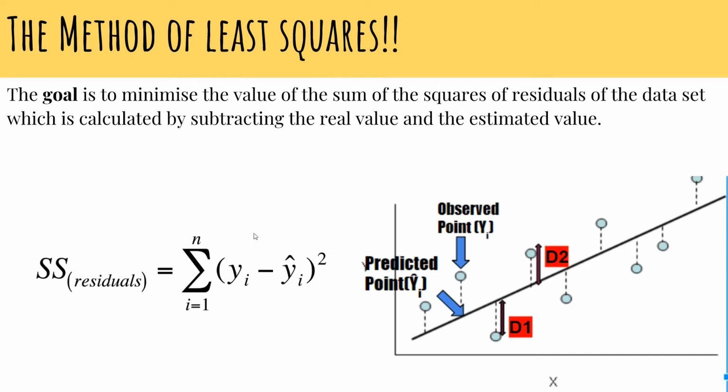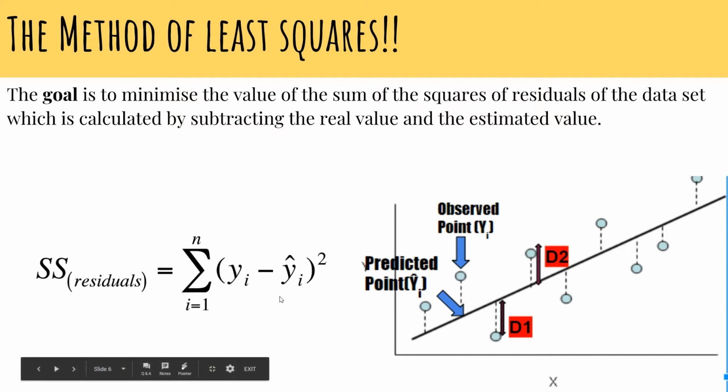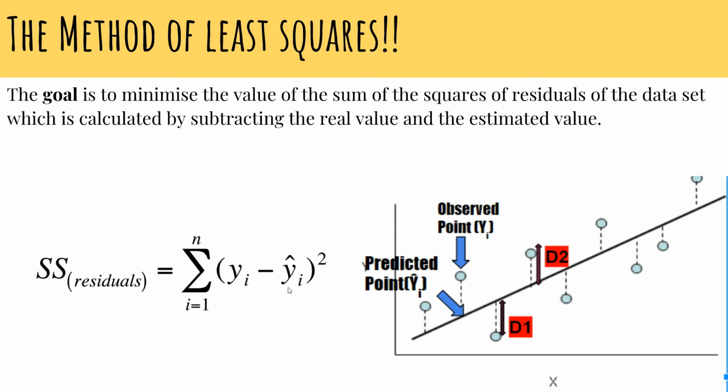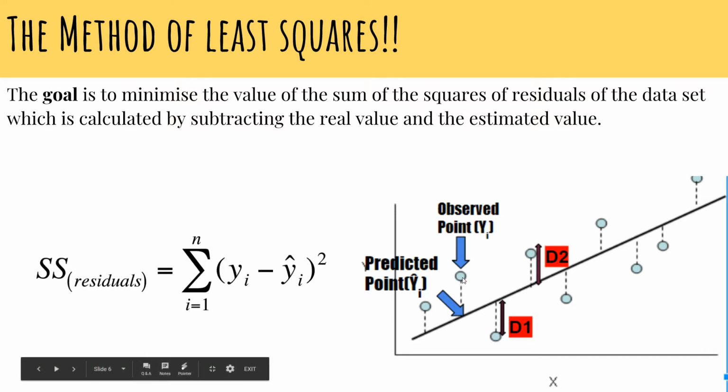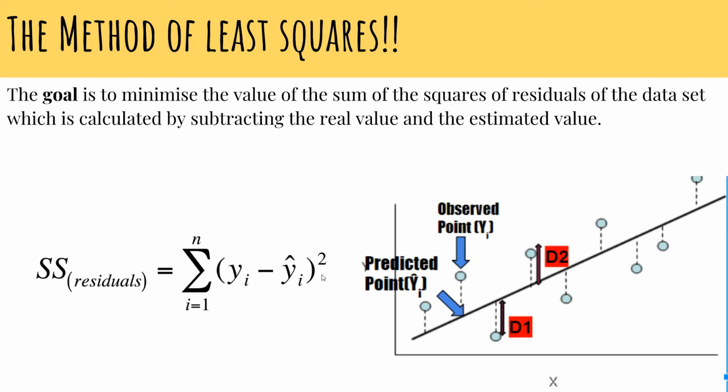As the formula given here, the residual value is basically the sum of squares of the difference between the observed value and the predicted value of a particular data point. Once we subtract these values from their observed point and their predicted point and sum these all up, we get the sum of residuals, and our aim in the method of least squares is to minimize the sum of these residuals. That was it for the revision part.